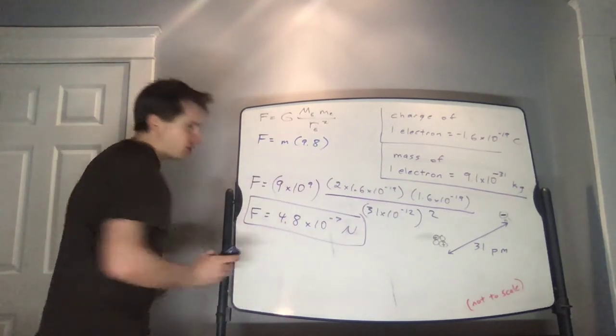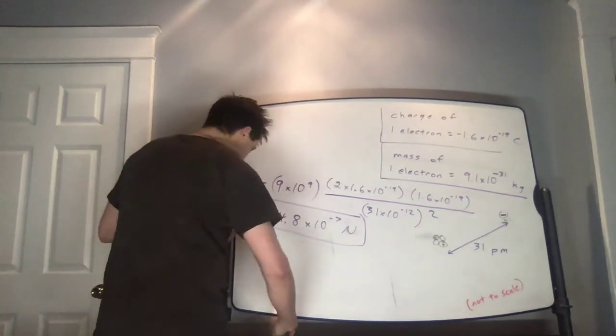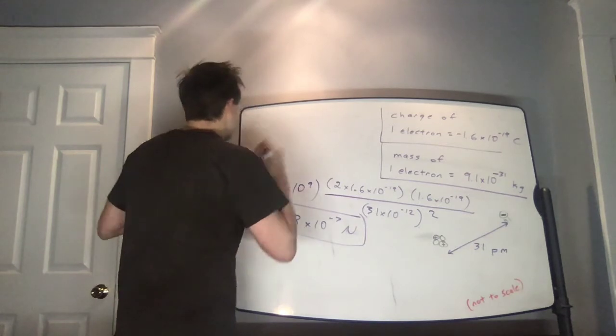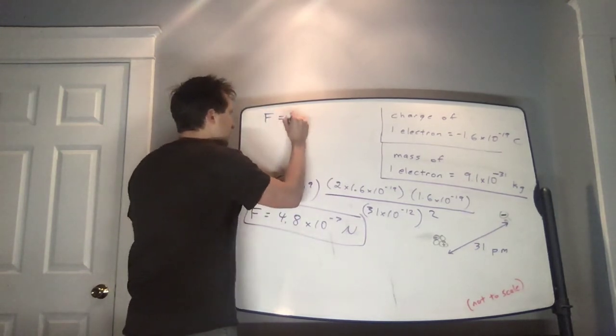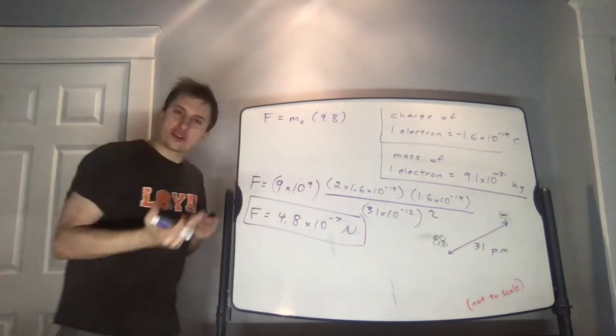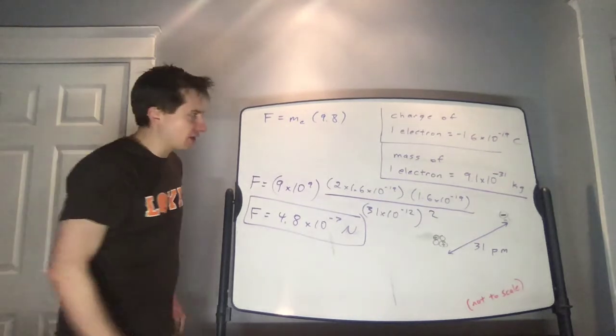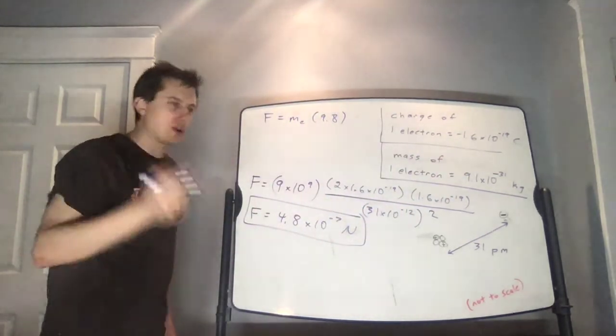So I'm just going to take the easier route with less math to worry about and say the force of gravity on the electron is going to be the mass of the electron times 9.8. The mass of the electron is a number I could look up in a textbook. I find 9.1 times 10 to the negative 31 kilograms.